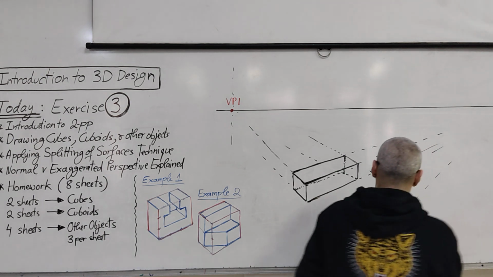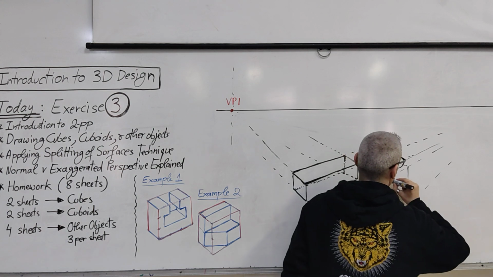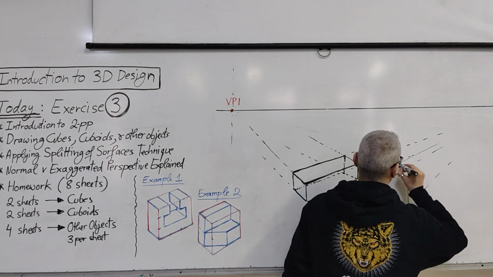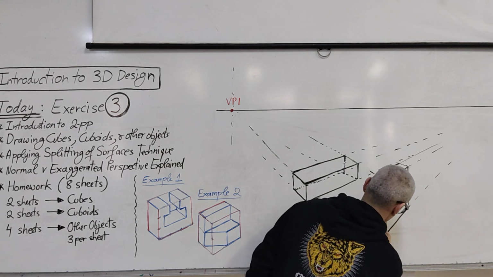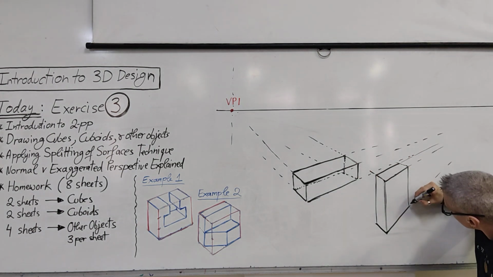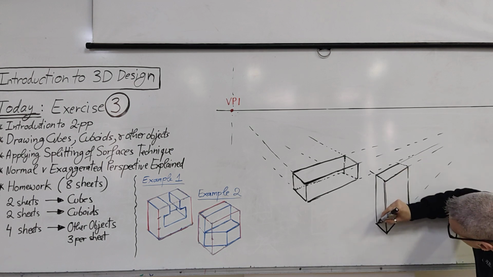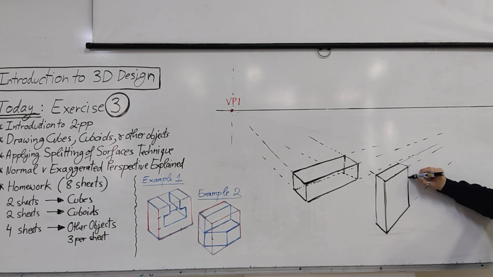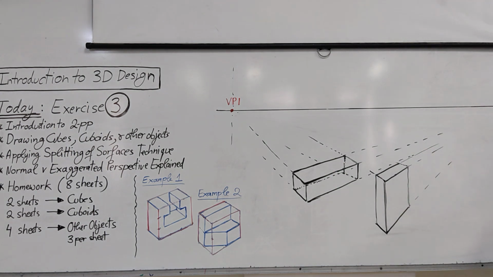Then, once I have selected my lines, I just darken the object lines. Kind of looks a little bit tall, like a building, okay?